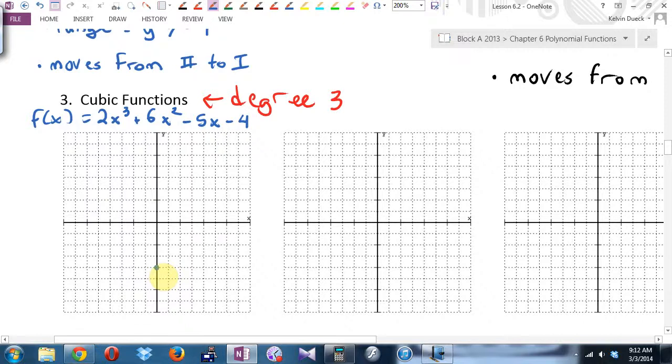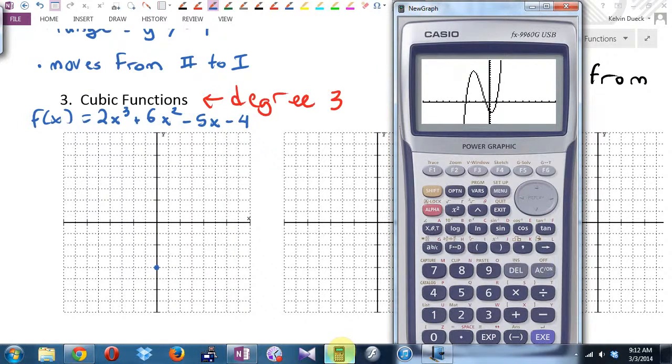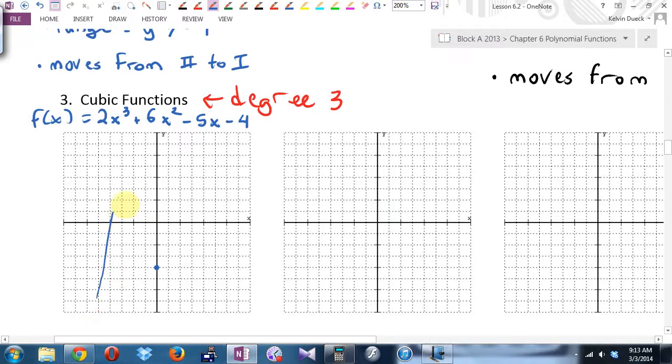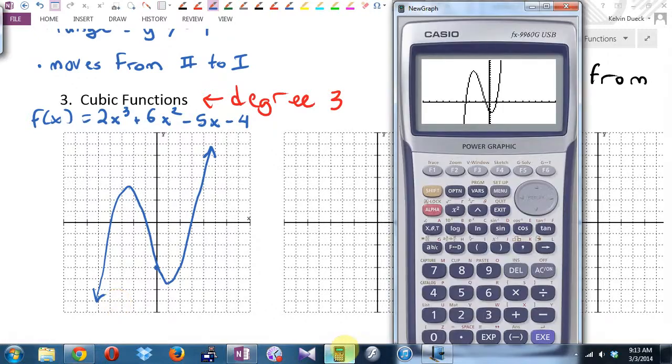The rest, I'm just going to get the shape. So looking at this, looks kind of like this. Goes up, comes down through here. Is that right? Pretty close?